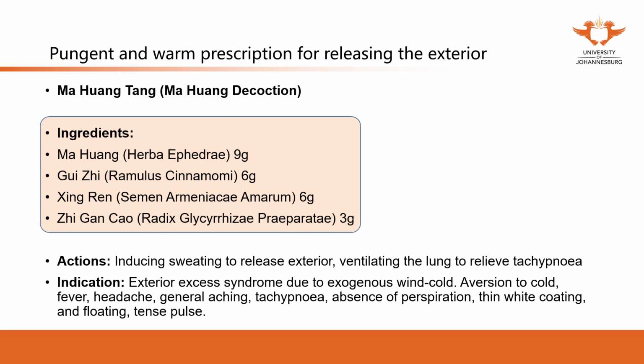In another clause, the author, Zhang Zhongjing, also described mahwangtang disease with floating tense pulse, fever, no sweating. If the patient presents with spontaneous nose bleeding, the disease will recover automatically.